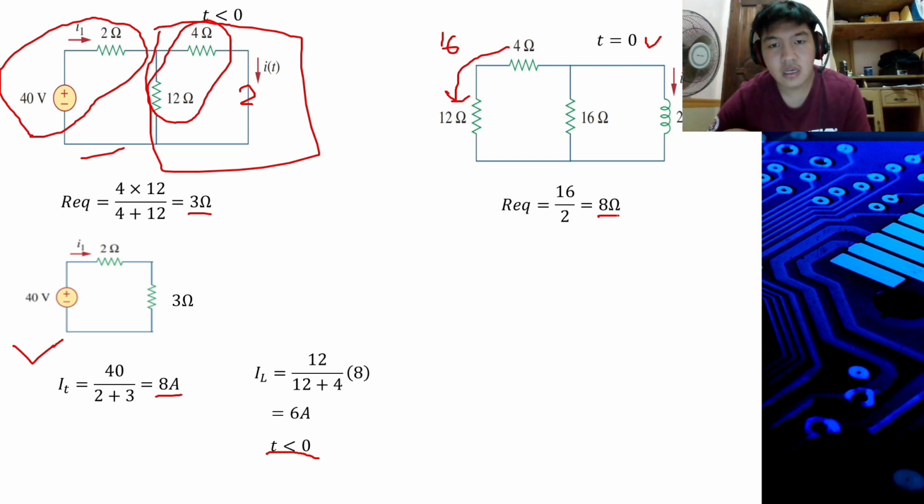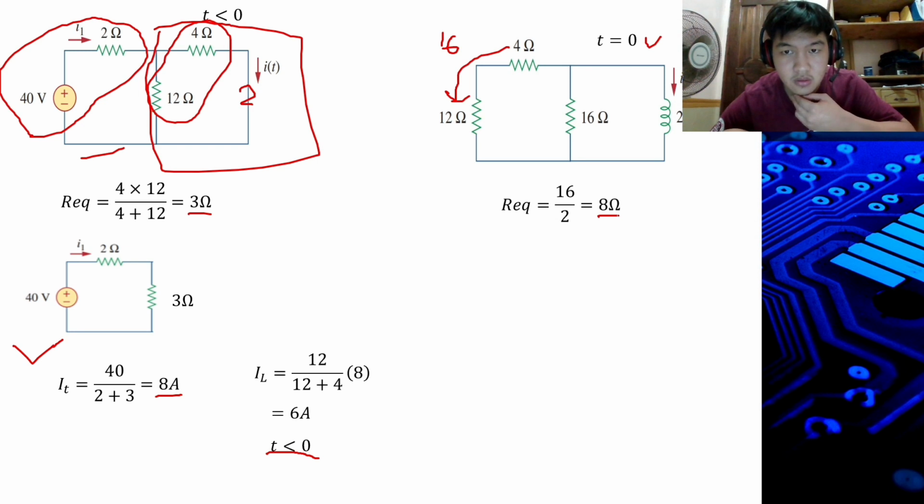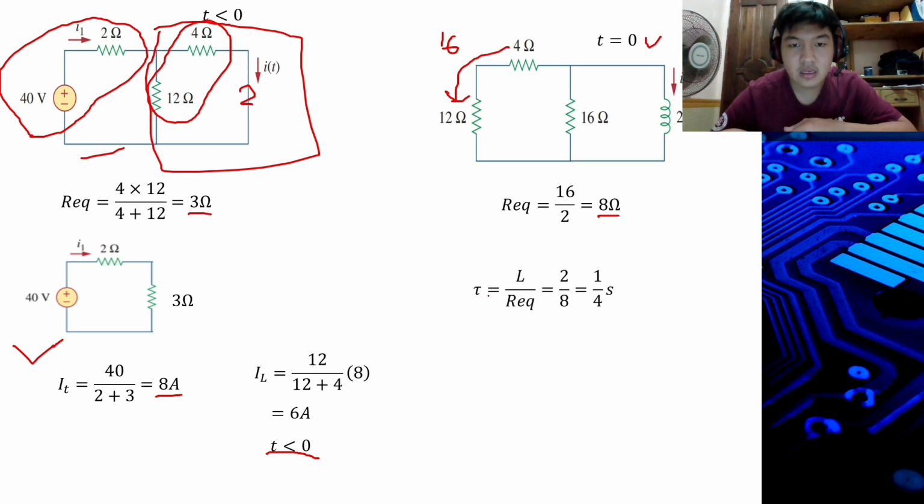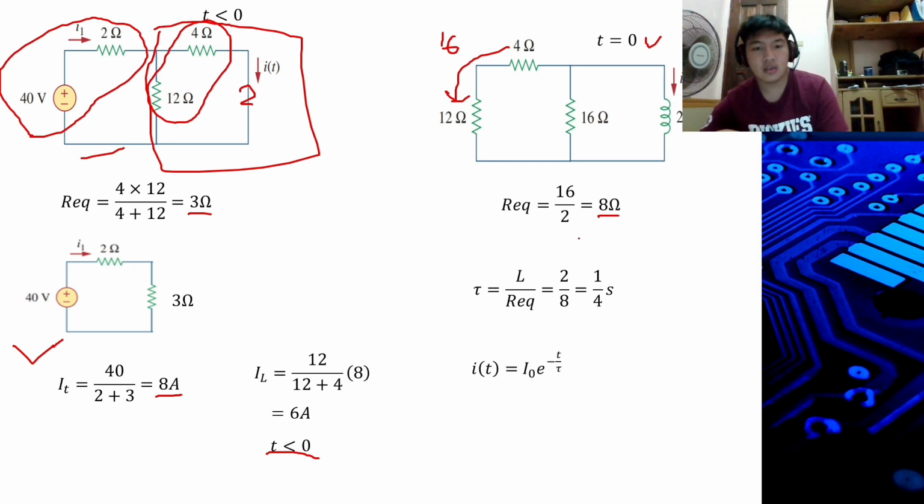And we can solve for the time constant tau, wherein tau is L over R equivalent. So 2 henry over 8 ohms total resistance is equal to 1 over 4 seconds. And for the current response, the formula is I naught e raised to negative t over tau.